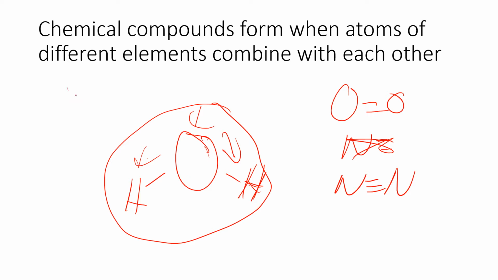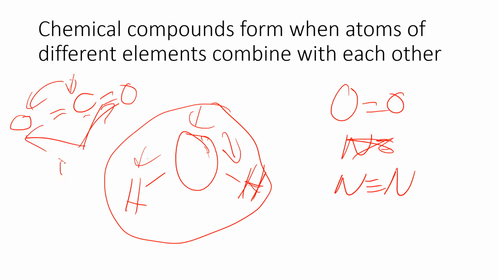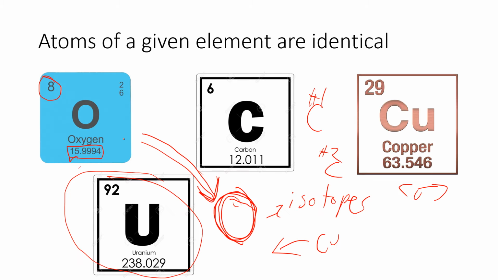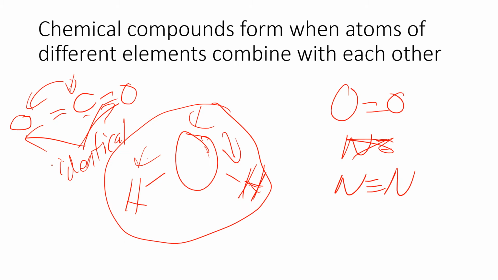Another common compound is carbon dioxide. It's when a different element from oxygen, these two oxygen atoms are identical, as given from the previous point of Dalton's atomic theory. These are identical, and they will bond to a carbon to make carbon dioxide.